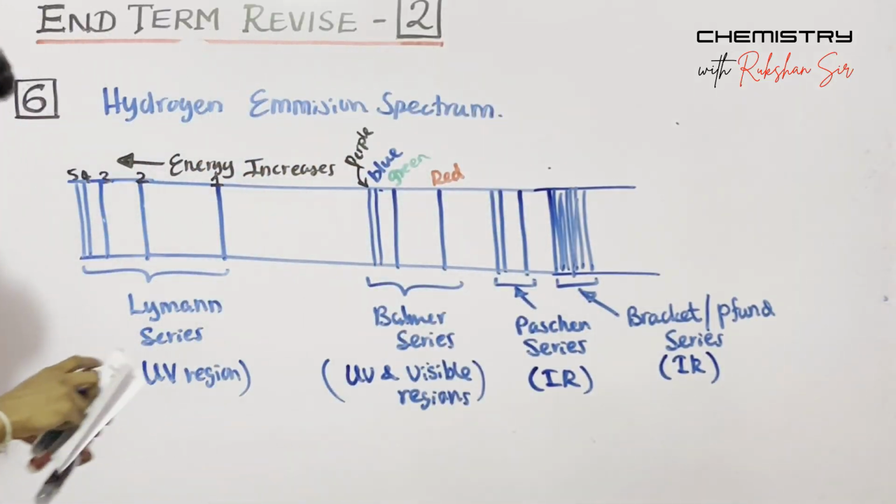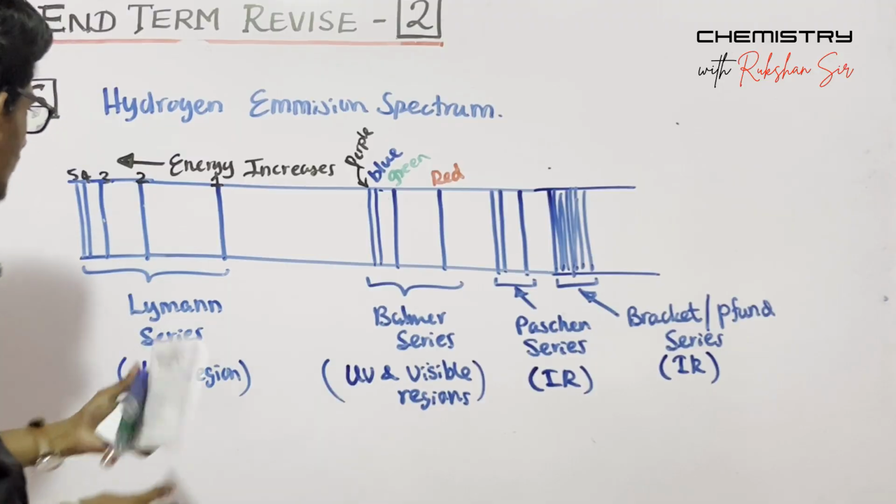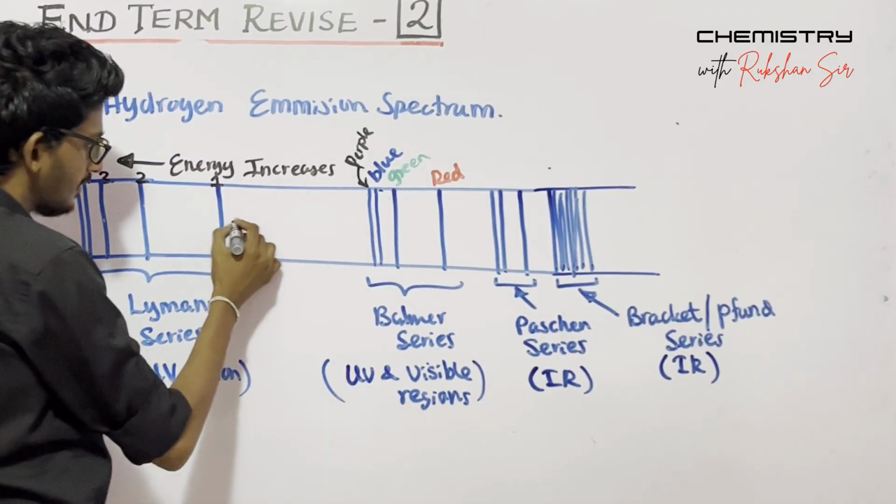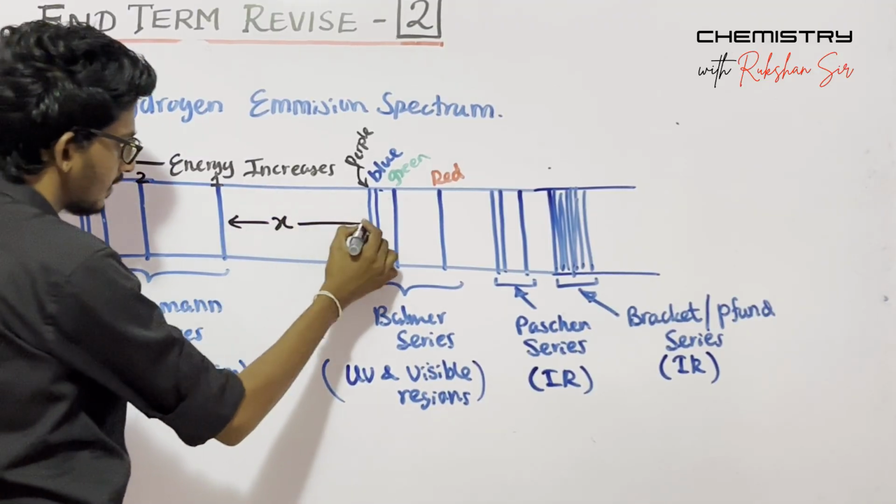So with this, we clearly see that going towards lower energy regions, the distance between spectral series will decrease.